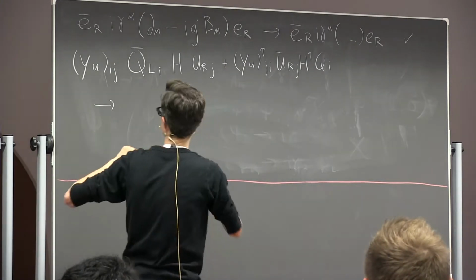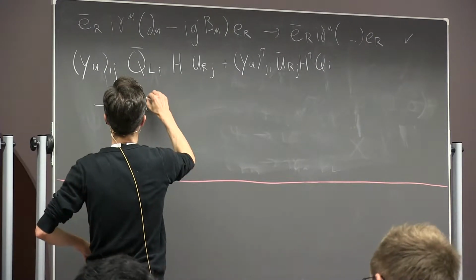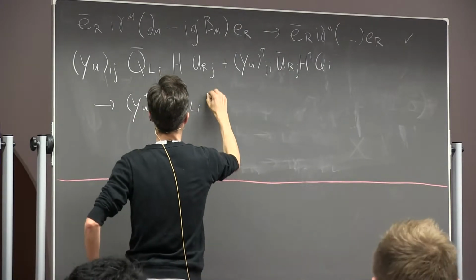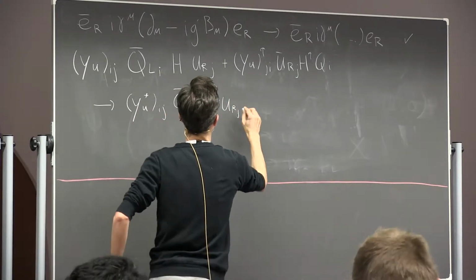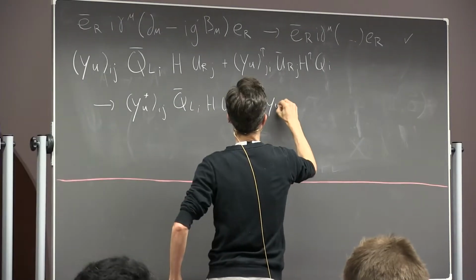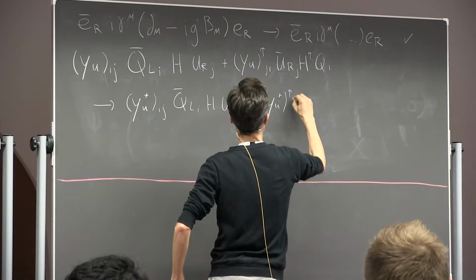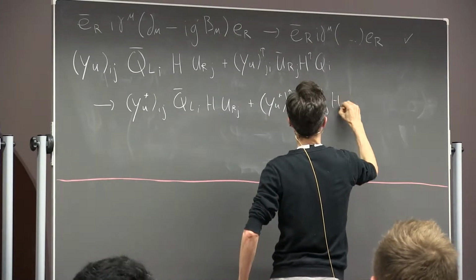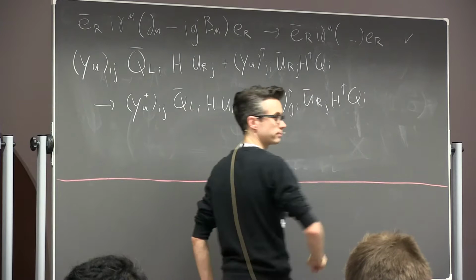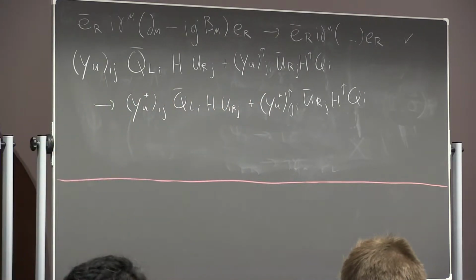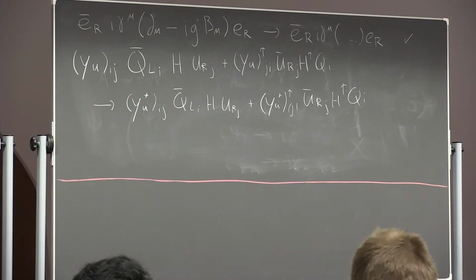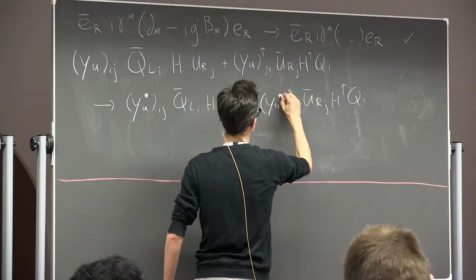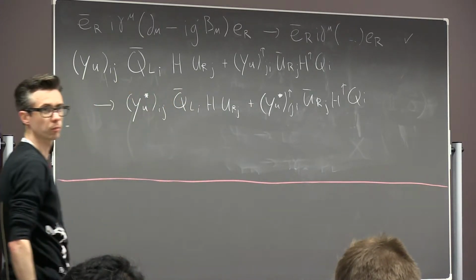So the transformed form of this turns out to be Yu star ij, q bar L i, h u R j, plus Yu star dagger ji, u bar j, h dagger q i. So under a CP transformation, I almost get back what I started with, except my coupling has now picked up a complex conjugation.